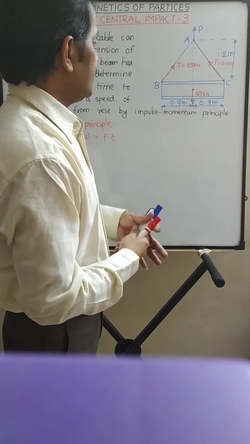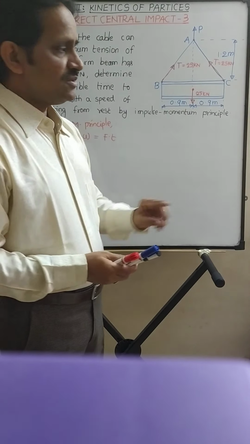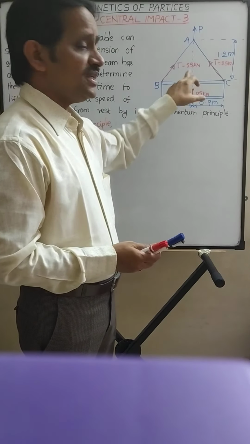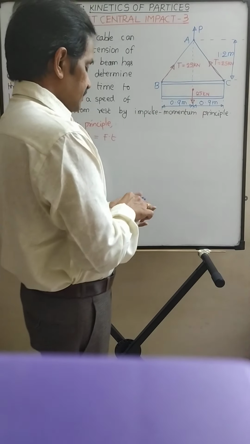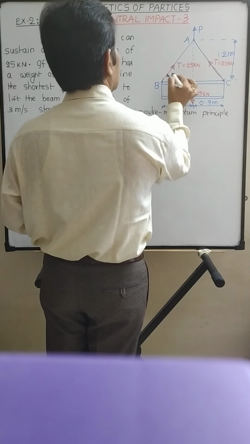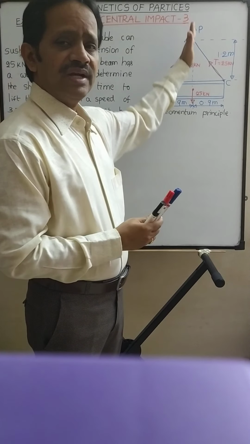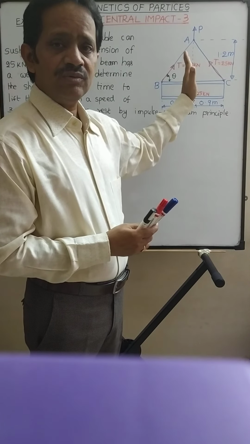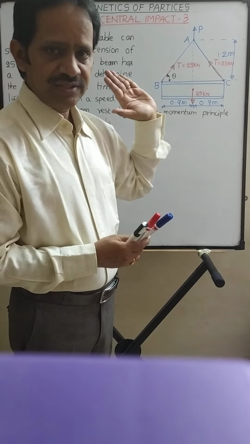Right? So these three forces are acting on the beam. Now to find out the impulse, first you have to find out the resultant force of these three forces multiplied by the time. So let us say this angle is theta and the beam is moving in vertical direction. So you have to find out the resultant of these forces in vertical direction, right?